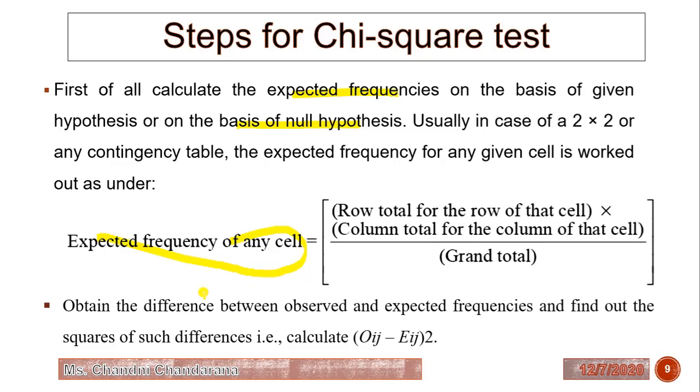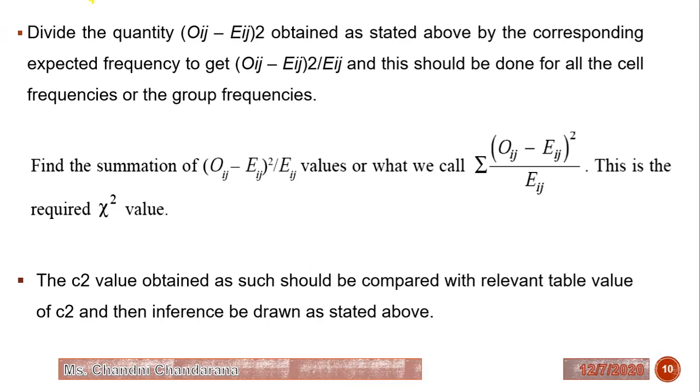After obtaining this, we get the difference between observed and expected frequency and find the square of such differences, that is, the square of O minus E, observed minus expected frequency. This is the second step. After that, divide the quantity obtained by the corresponding expected frequency, and this should be done for all cell or group frequencies.